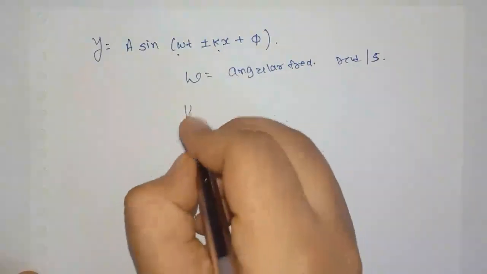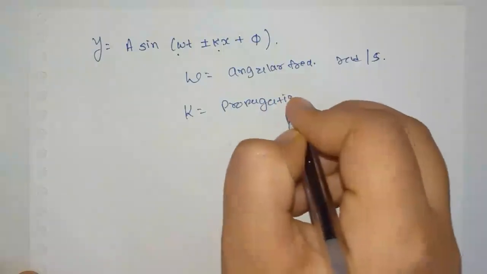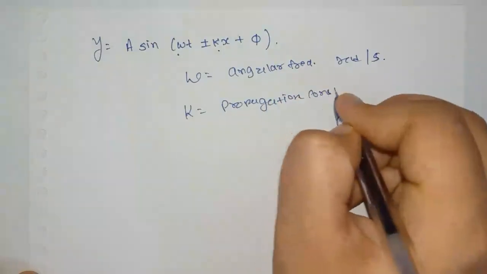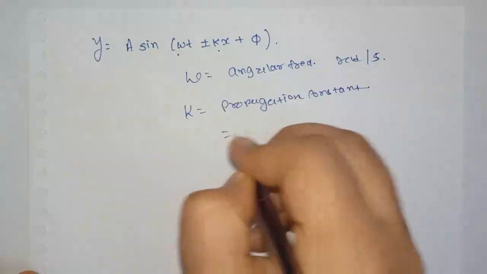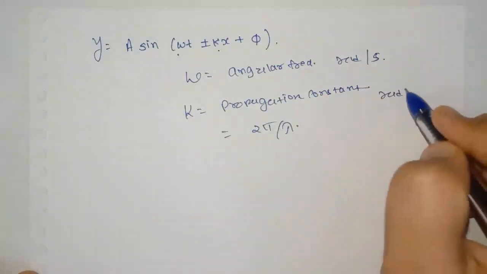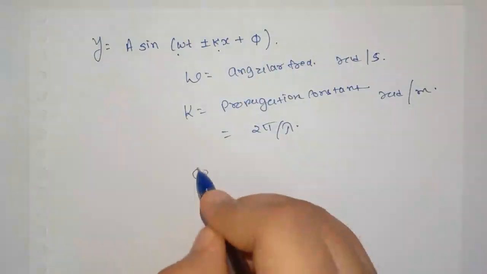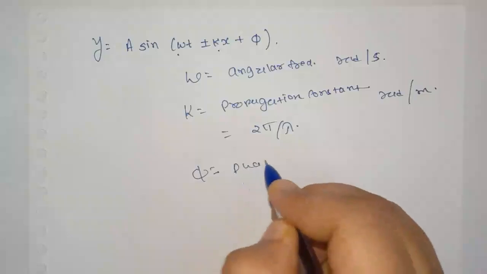K is the propagation constant, that is 2 pi by lambda. Its SI unit is radian per meter. And phi is the phase difference.